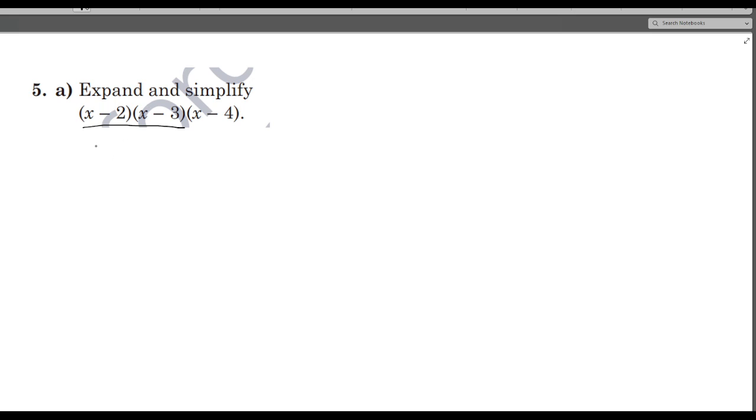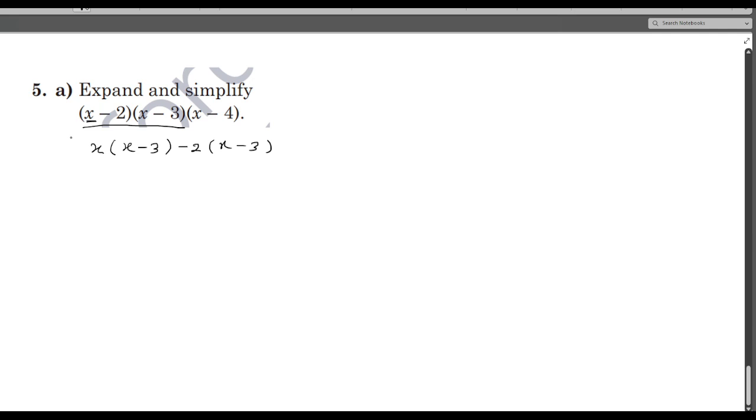How do we expand it? The rule is that you multiply this x with this x minus 3, and then this minus 2 with x minus 3. This is the expansion of these first two factors. I hope you understand what I am doing. This x I am multiplying by this x minus 3, and then minus 2 I am multiplying by x minus 3.